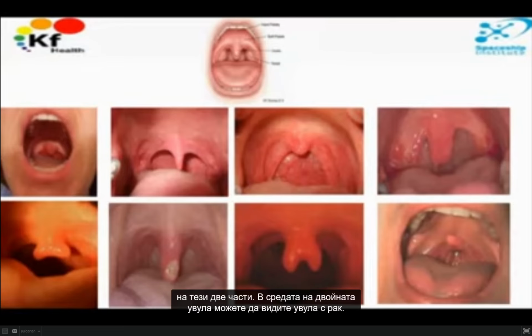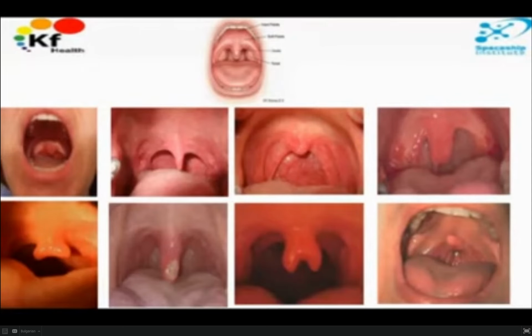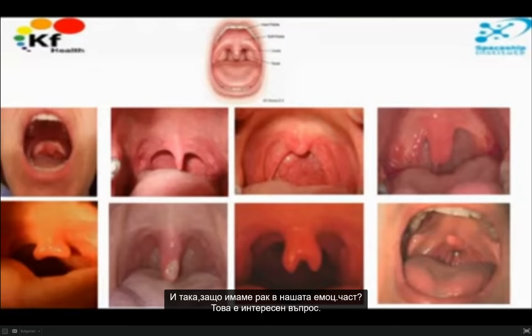In the middle of the double-horned uvula, you may see the uvula with cancer. So why do we have cancer in our emotional part? That is an interesting question. And in the end, you see an erectile uvula.